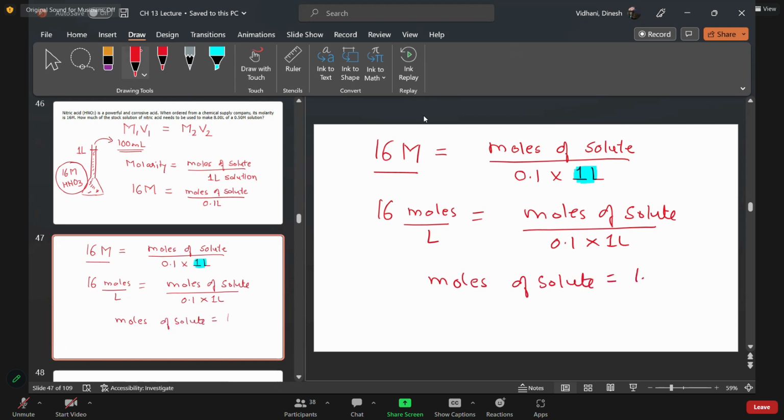That is going to be 1.6 because you multiply 0.1 with 16 moles. That's how you got the moles of solute in 100 ml, not in 1 liter, in 100 ml. All of you agree with that so far?